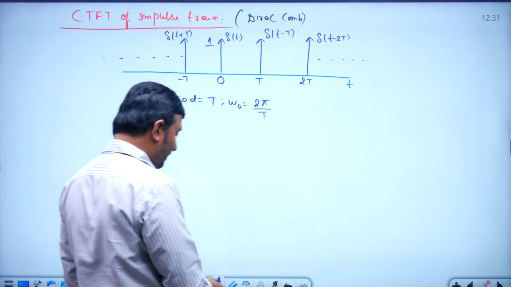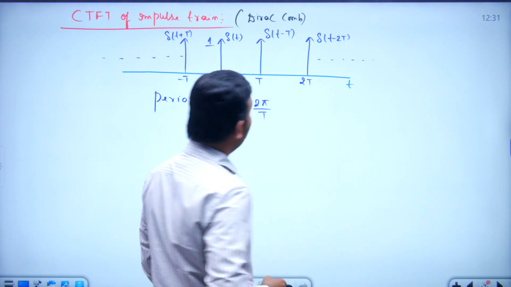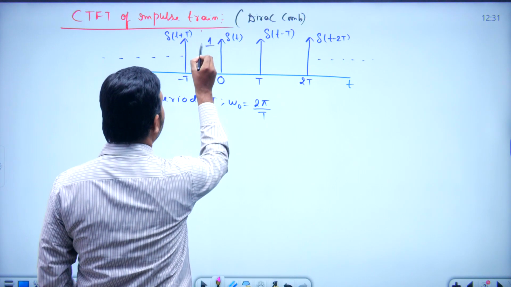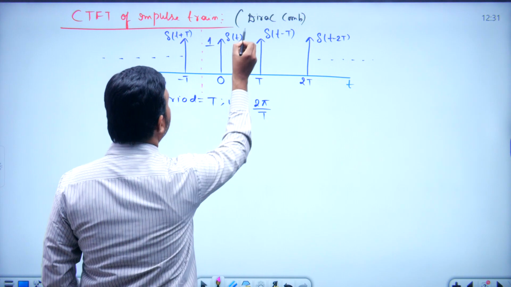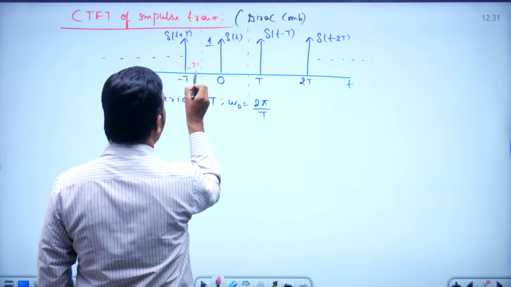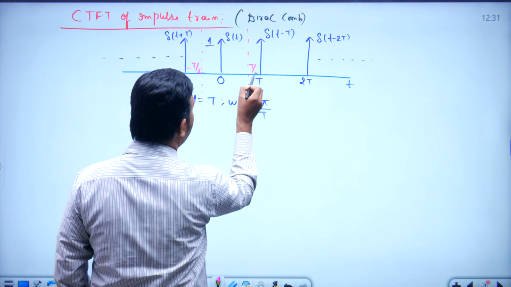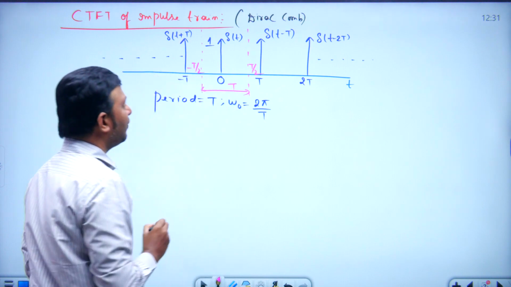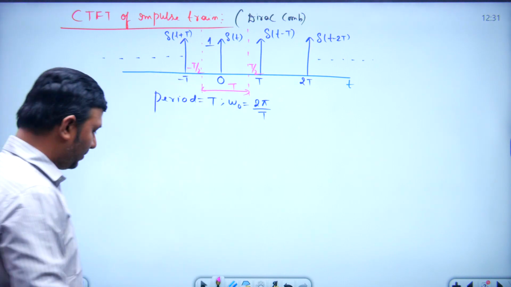For that, as I said, select one period, and here I am going to select this one. My choice of period is from minus T by 2 to T by 2, which is also T.